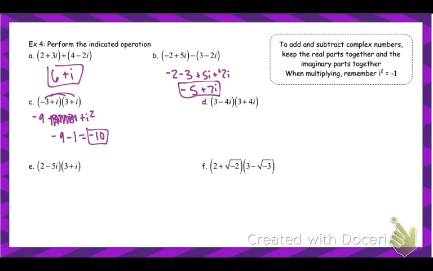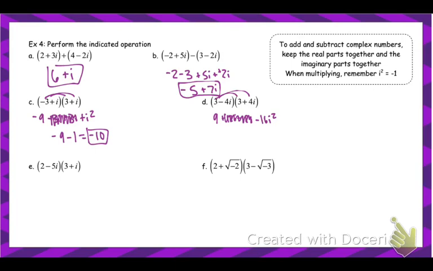All right, on D, if you feel comfortable, pause the video, try these next two on your own. Okay, 3 times 3 is 9, plus 12i, minus 12i, minus 16i squared. Again, the middles cancel out. The reason for that, think about it, these last two problems that we just did were difference of squares. With difference of squares, those middles cancel out.